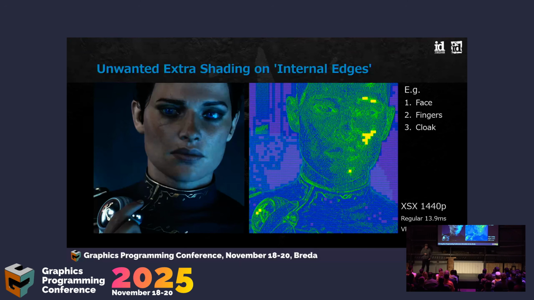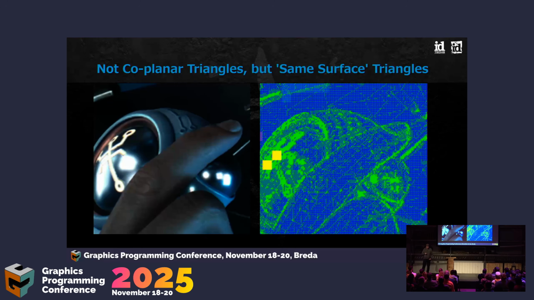But actually, if you can see it, and I'll zoom in in case you can't, there is a lot of additional shading that's going on in the interior of the skin, the interior of the cloak. We just don't need that. That's purely down to the fact that we're using triangle ID. The silhouette of the object there has got a nice high shading rate anyway, and around the texture detail of this device, that's all being picked out.